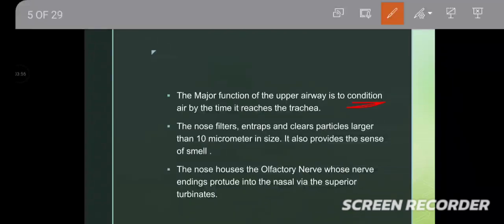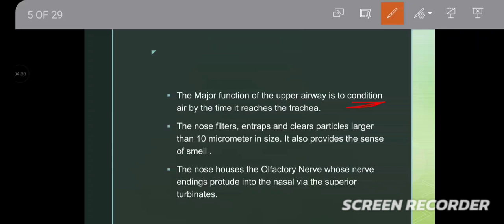That is the major function of the upper airway. Now, this conditioning means it helps in cleaning off the air. It helps in humidifying the air and also adding a bit of heat to it. That is what conditioning of air means.